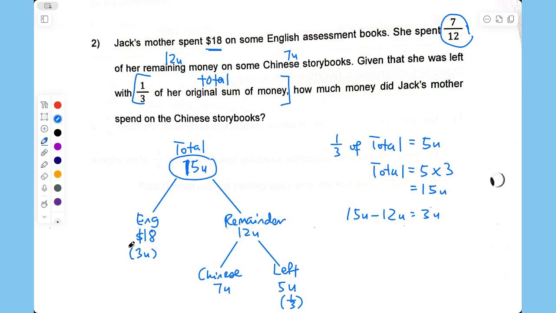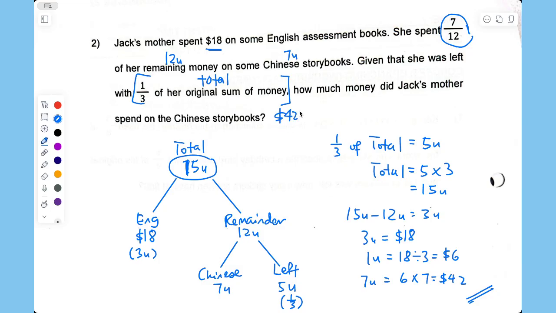So 3 units here is equal to $18. 1 unit will be 18 divided by 3, which is $6. 7 units will then be 6 times 7, which is $42. 1 unit is $6. 7 units will be 6 times 7, which gives us $42. And that's the amount of money spent on the Chinese books.